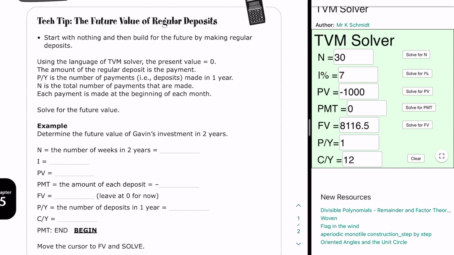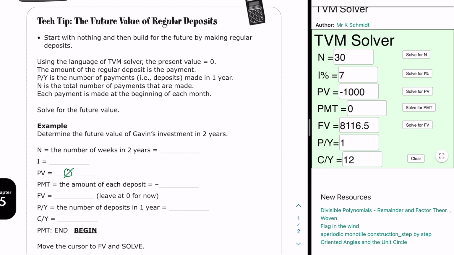Using the language of the TVM solver, your present value is going to be 0. The amount of the regular deposit is the payment. P/Y is the number of payments you'll make in a year, so how many times are you depositing money into your account? And N is the total number of payments being made.